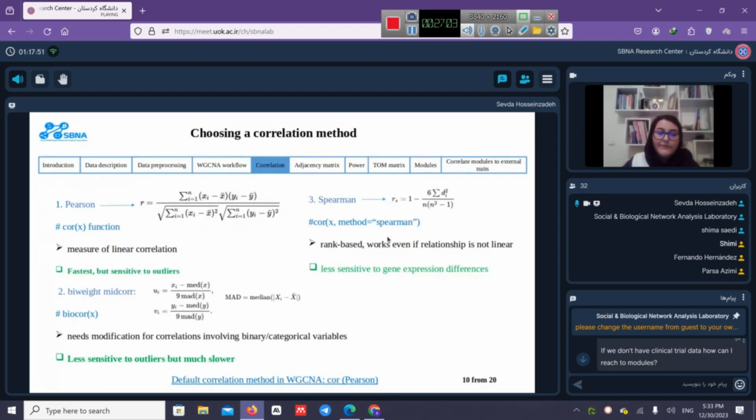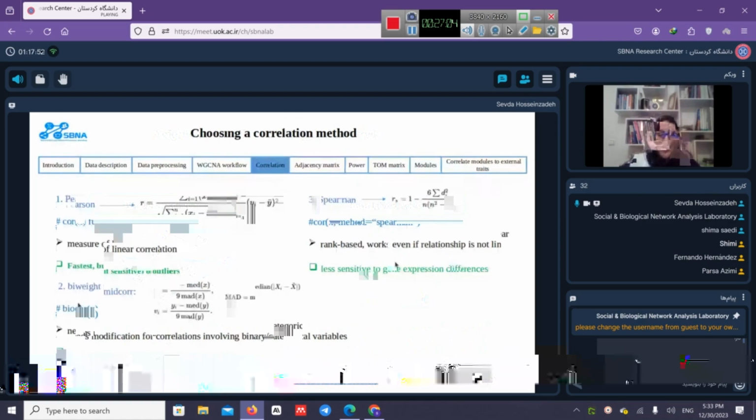And the other one is biweight. Of the genes in unweighted network.